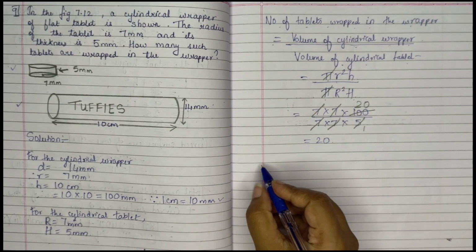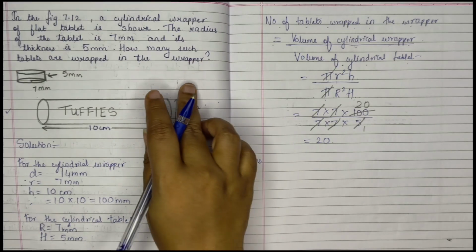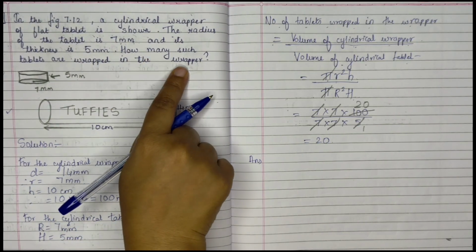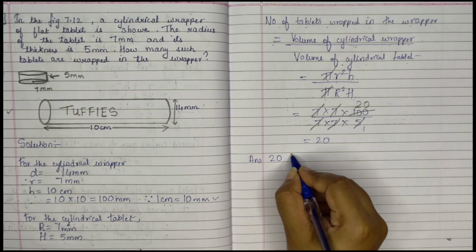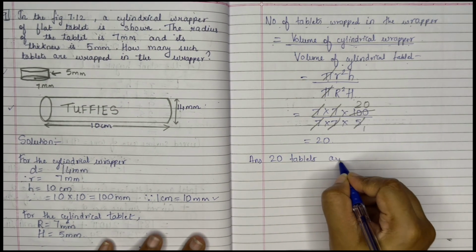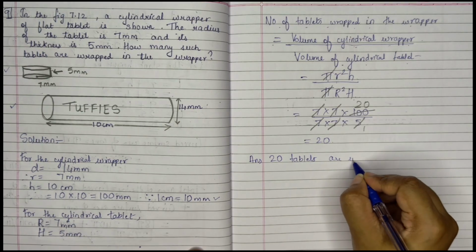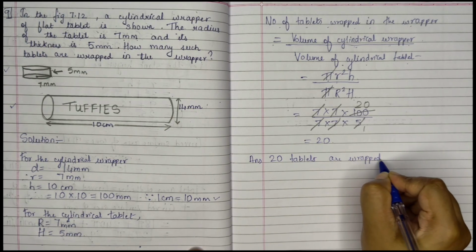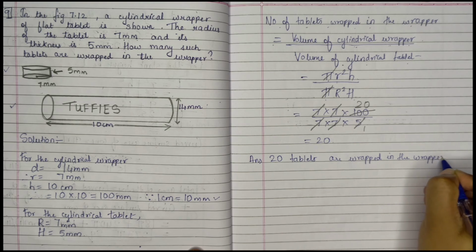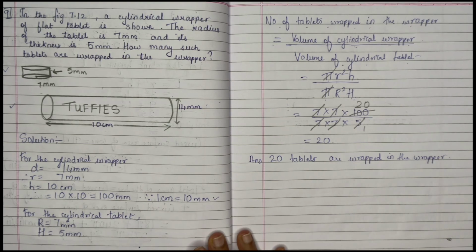So what was the question? How many such tablets are wrapped in the wrapper? You can write 20 tablets are wrapped in the wrapper. Understood?